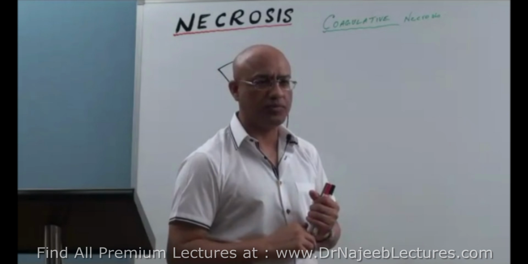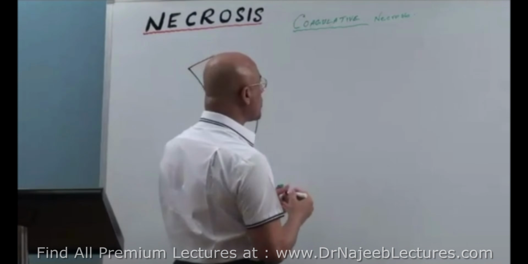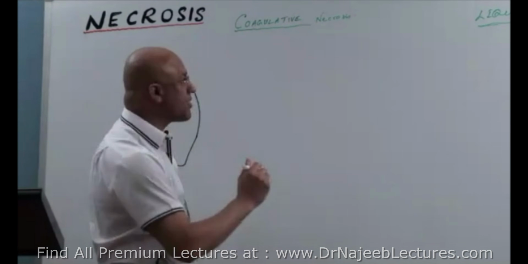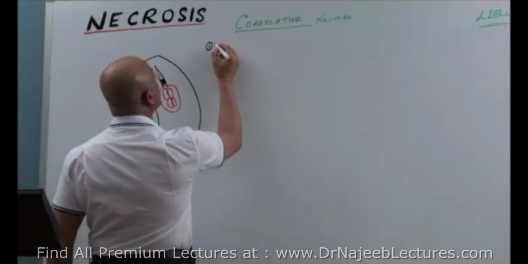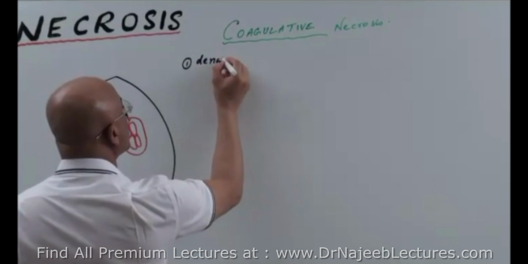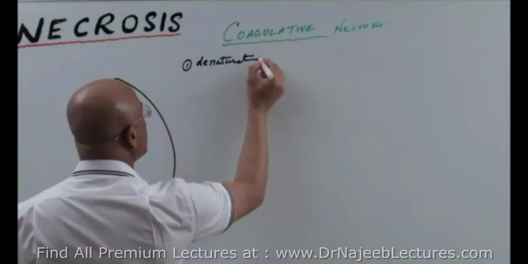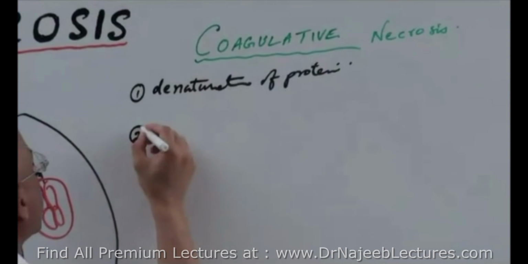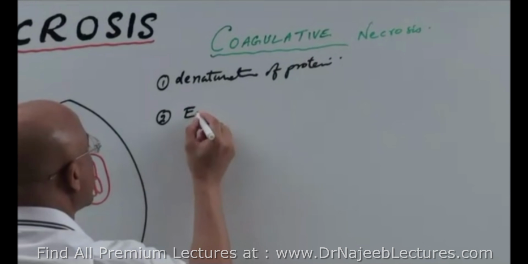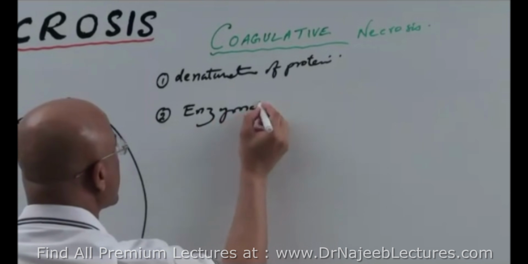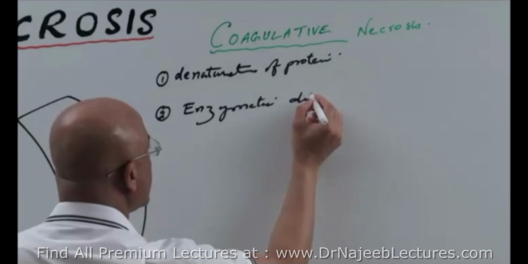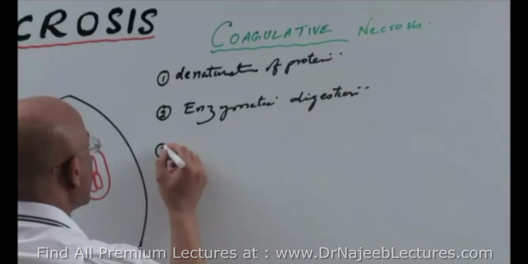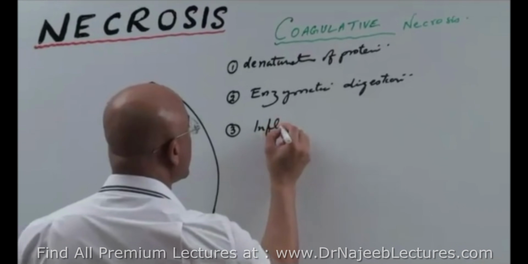Why does it happen so? The reason is, as I told you, that in necrosis there are three components. Number one, there is denaturation of proteins, right? Number two, there is enzymatic digestion, and number three, there is a surrounding inflammatory reaction.